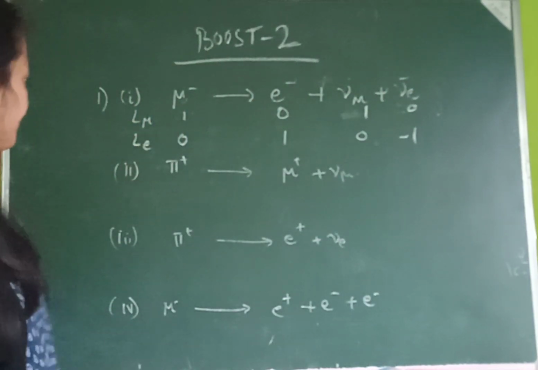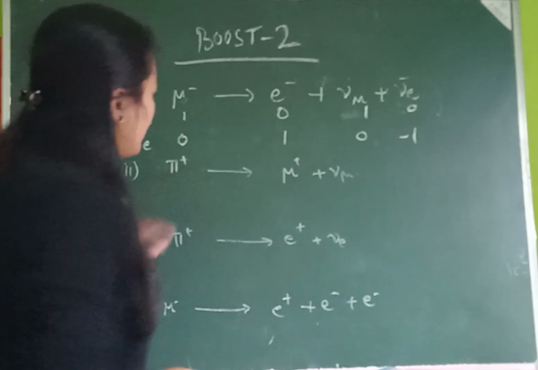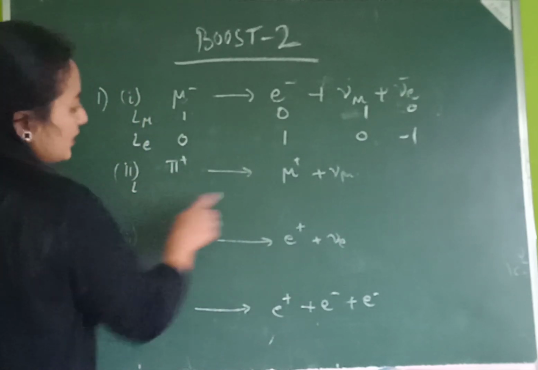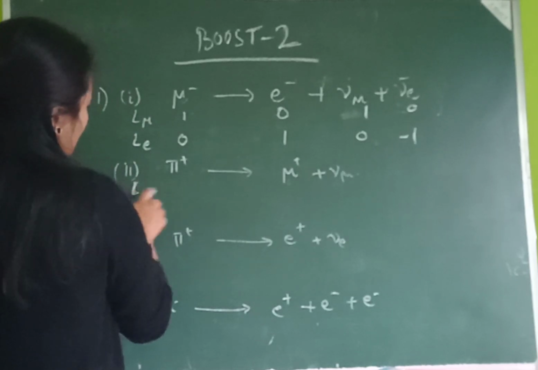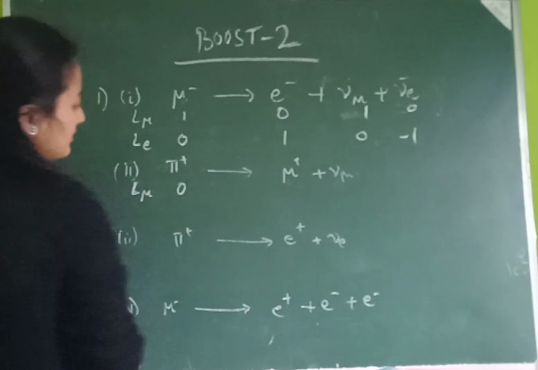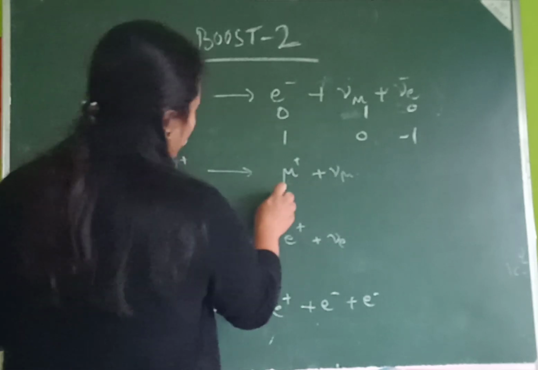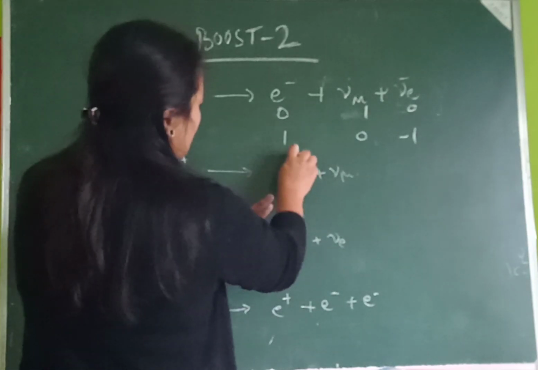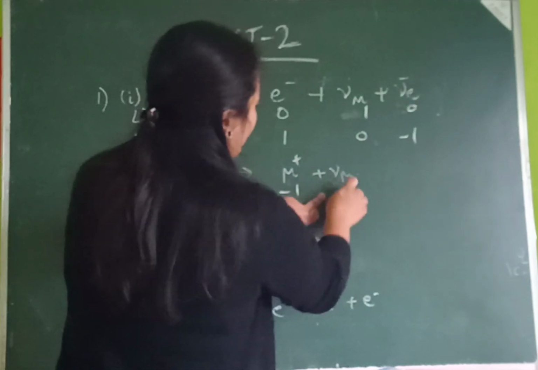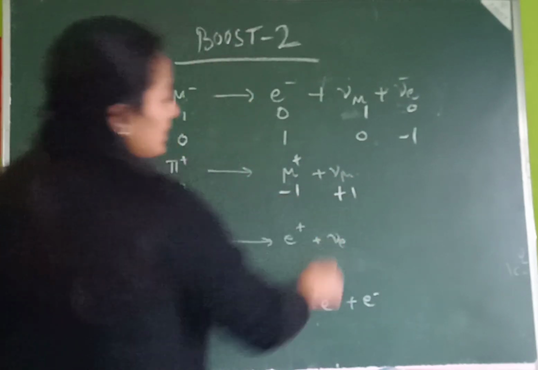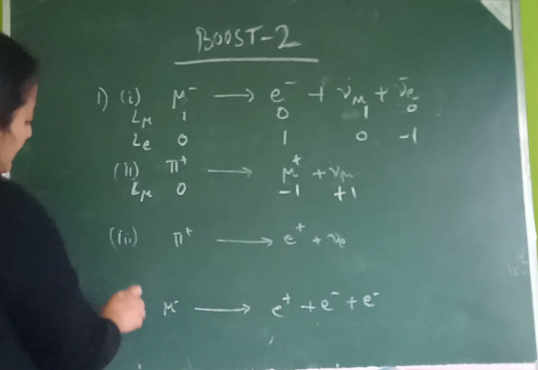So it is conserved. Now here I have muons, so let me check my L mu. L mu here is 0, right? Because it's a meson. Here it is mu plus, and for mu plus it's minus 1, and for nu mu it is 1. Again here it is conserved, right?